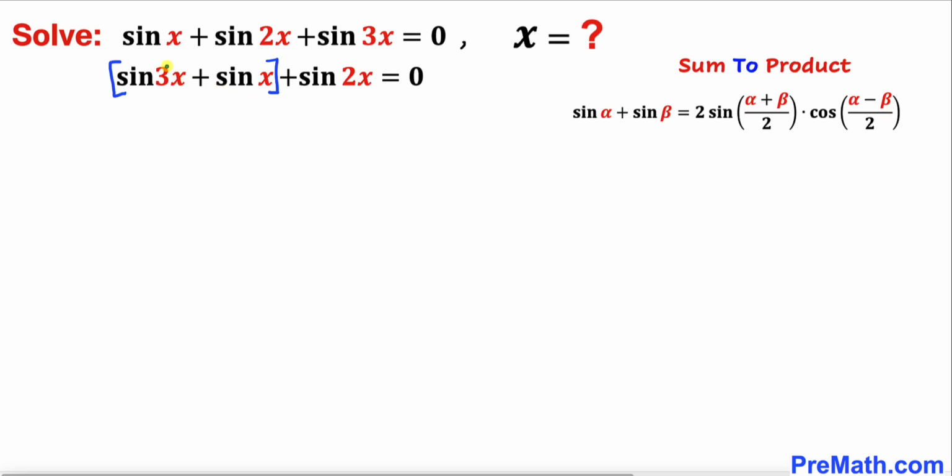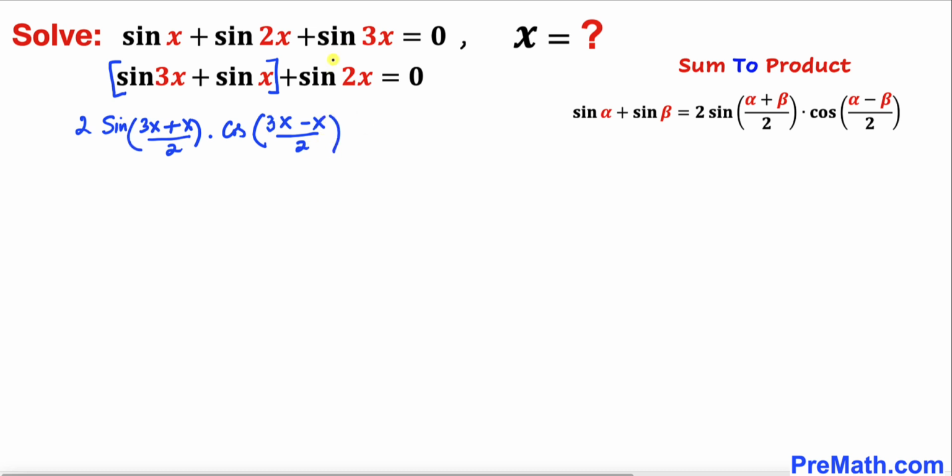Now if I call 3x our alpha and x our beta, then we can apply this identity on this part. So this can be written as 2 times sine of (3x plus x) divided by 2 times cosine of (3x minus x) divided by 2.